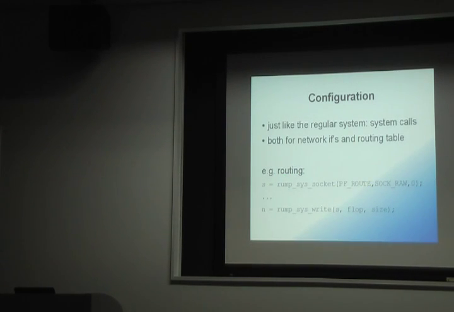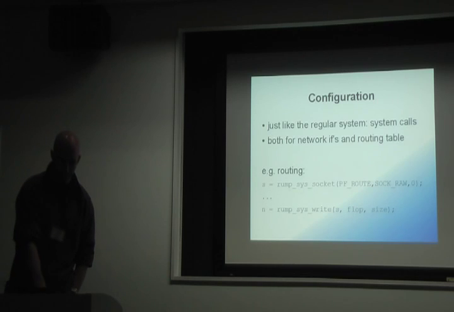You open a routing socket, then this 3 dots is a very good representation of building the routing messages. You build the routing message, and then when you've built it, you write it to the socket, and then hopefully you have your routing configured.